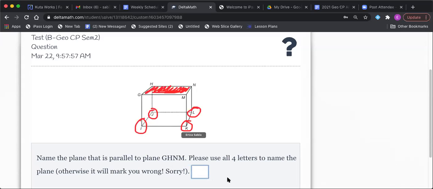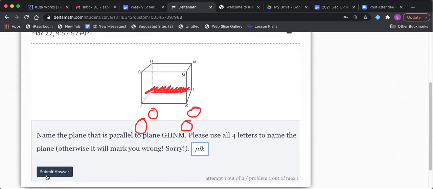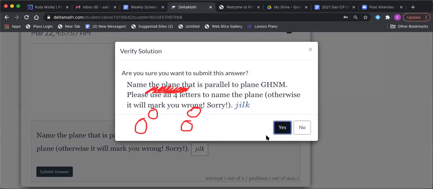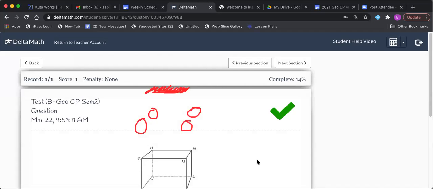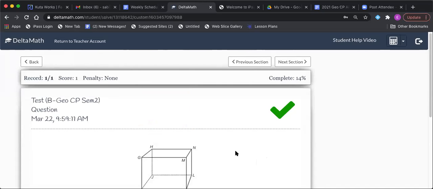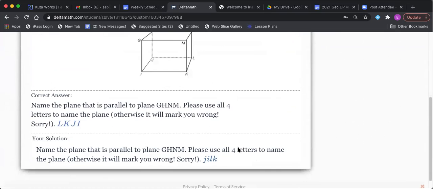And that should work in any order. And you know what? You're supposed to use capital letters, but let's try not using capital letters and see if it takes it. Ooh, it does. So it's a good habit to use capital letters because you're supposed to, but just know that if you don't, it'll take it.